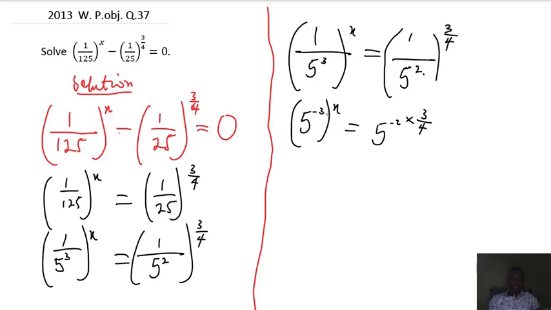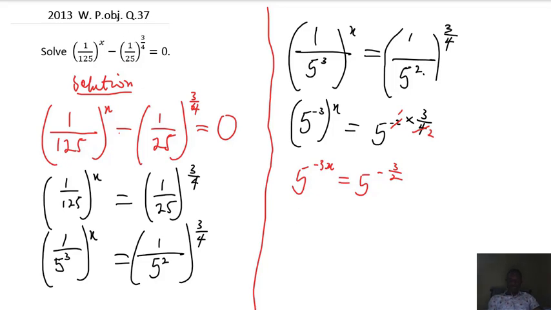So here the negative 3 and x will multiply, so we will have 5^(-3x) equal to 5 exponent, and here the negative 2 times 3 over 4 gives negative 3 over 2.